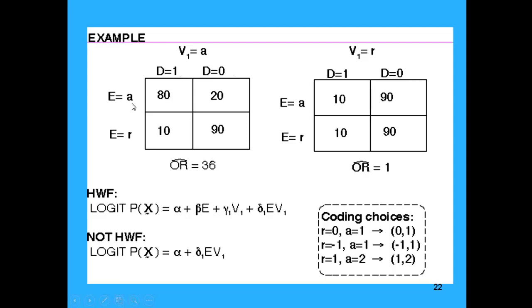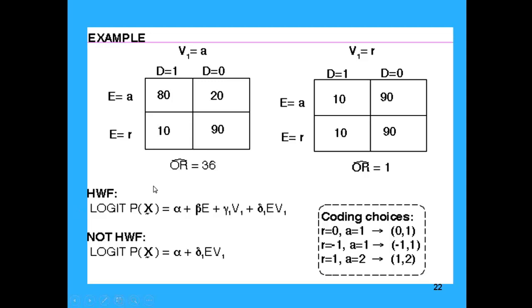E could be defined as either 1, 0, it could be any two numbers you want to have. And depending on how you define it, then you're coding it a certain way. If I define E as 1, 0, I'm coding it 1, 0. If I define E as 2, 1, I'm coding it differently, right? That's what I mean by the coding, okay?